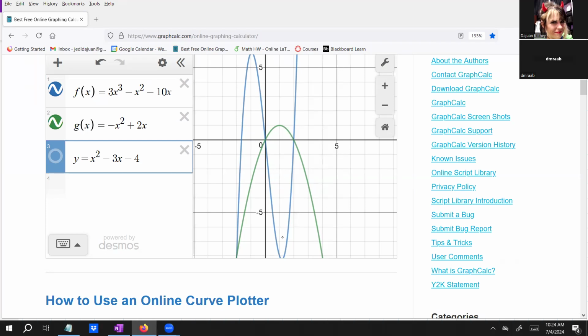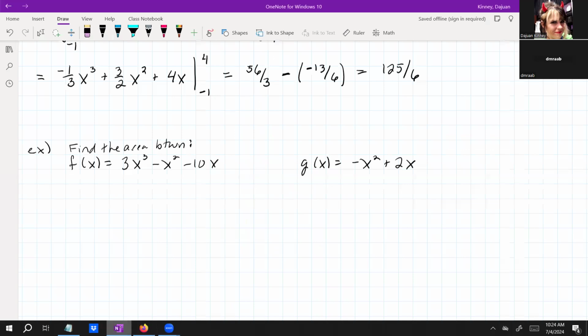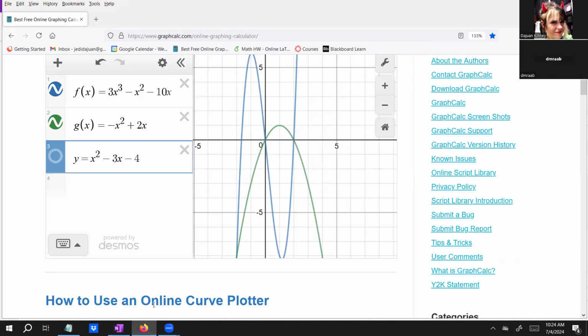So where my f dominates, it looks like they meet at -2 to 0. So -2 to 0, f minus g. We'll clean this up later. And my g dominates from 0 to 2.